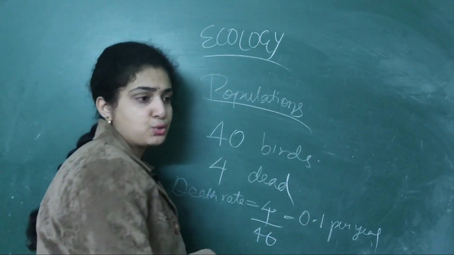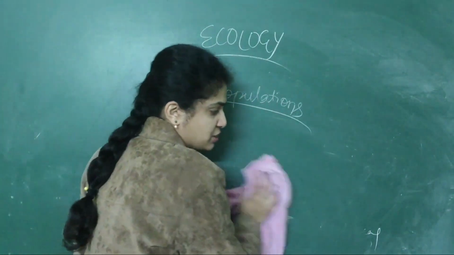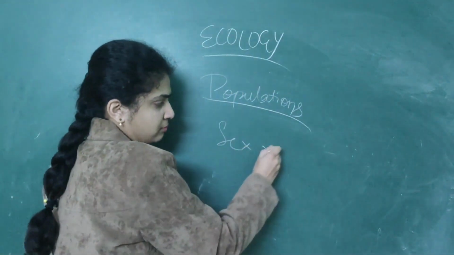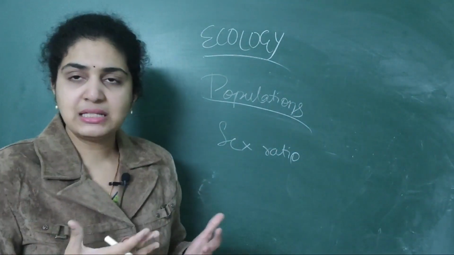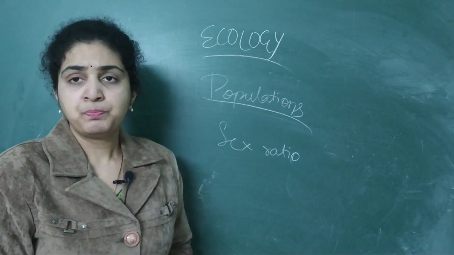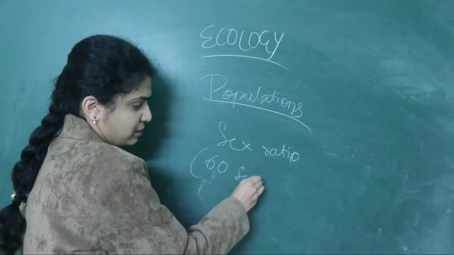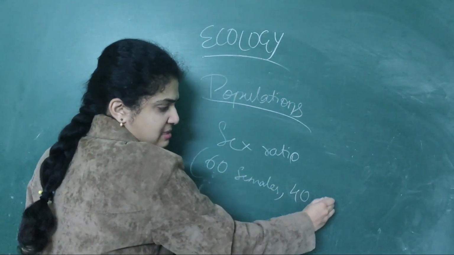Next, another ratio will be there. In a population, it is called the sex ratio, meaning how many males and how many females are present in a population. Imagine there are 60 females in a population and only 40 males.